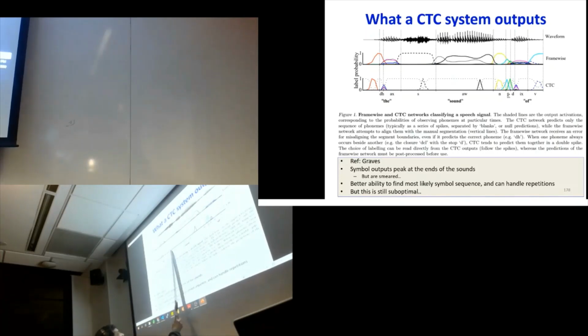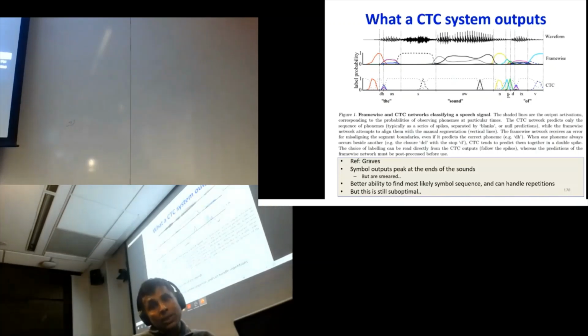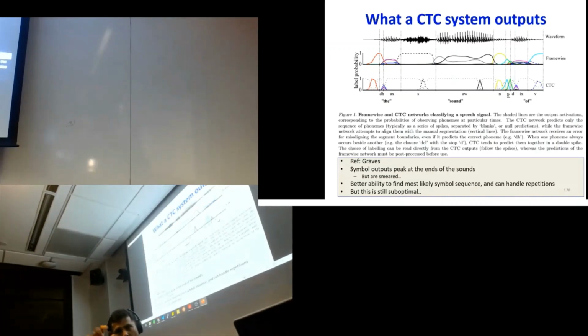And the actual symbol itself only pops up specifically at the transition location. So you naturally get this behavior where the symbols only become very likely around the location where they must be hypothesized, which is to say at the end of every segment corresponding to that symbol.